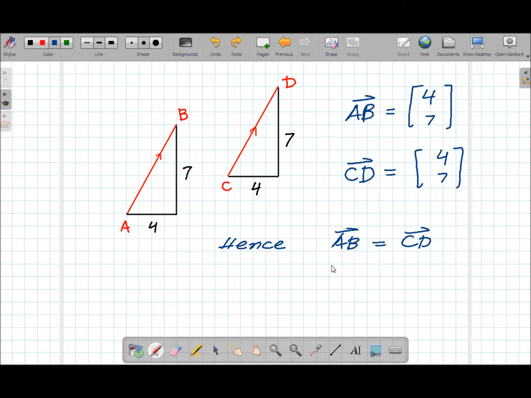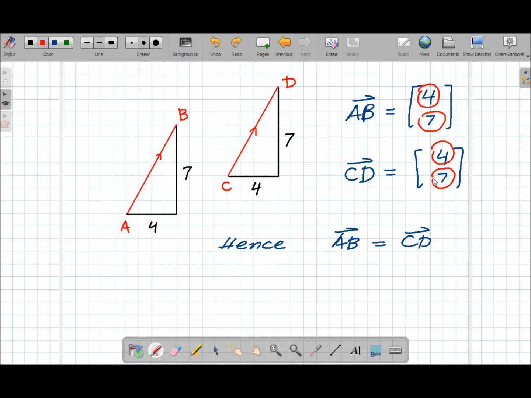So if we find the magnitudes of these two vectors, even then we get the same result. But it is evident from here that their corresponding components are equal. The x component, for example, I say 4 is equal to this 4, and the y component is equal to the y component.